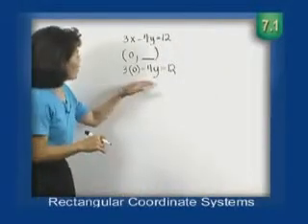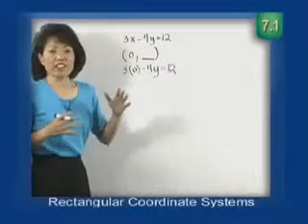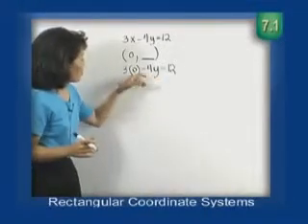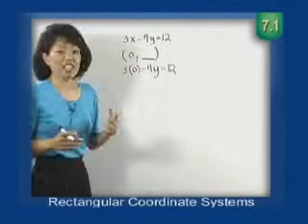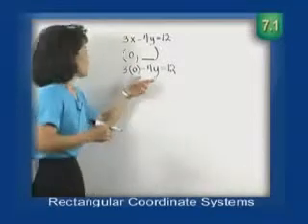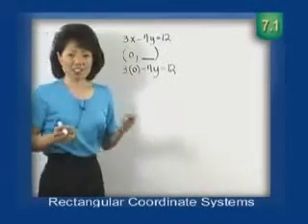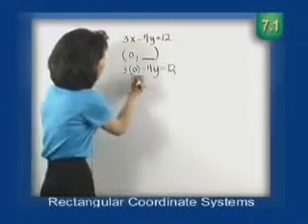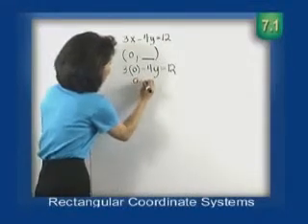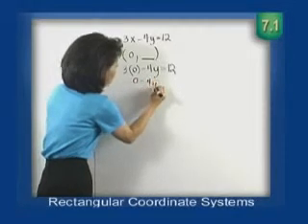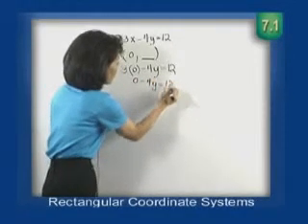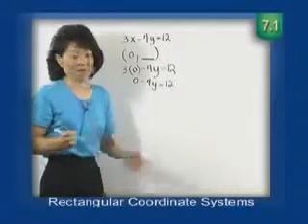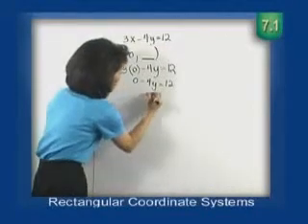Now once we do this, notice our equation is solved for y because our x is gone and we just have an equation in terms of y. So the rest of it is just to use our algebra that you should be good at by now in solving this equation for y. When I do, 3 times 0 is 0, minus 4y is equal to 12. Now 0 minus 4y is simply negative 4y.